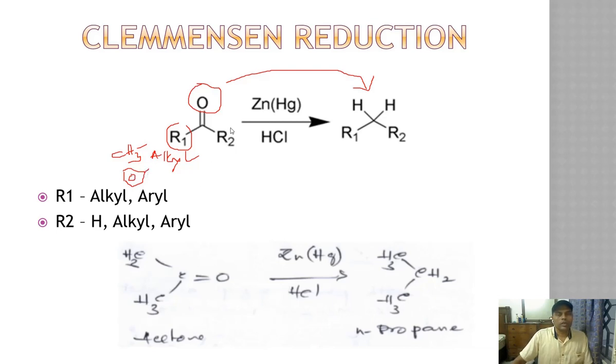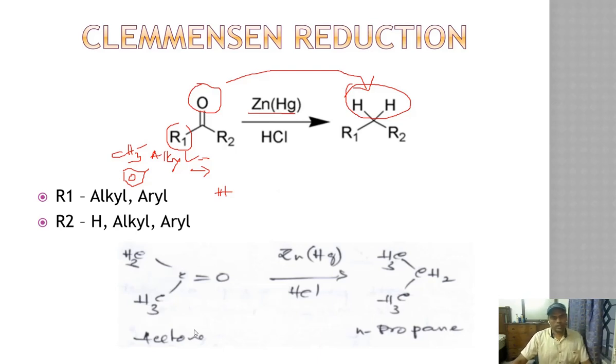Even this can be alkyl group, same thing, or aryl group. R2 can be aryl group, or R2 can also be hydrogen. When it is hydrogen, then it is an aldehyde. You are subjecting this ketone to zinc amalgam and hydrochloric acid, and you are going to get the hydrocarbon group over here.